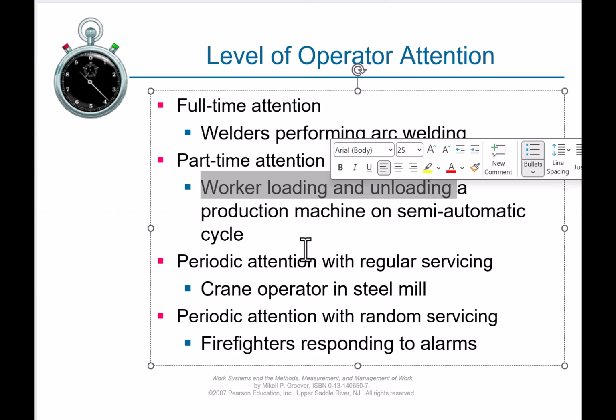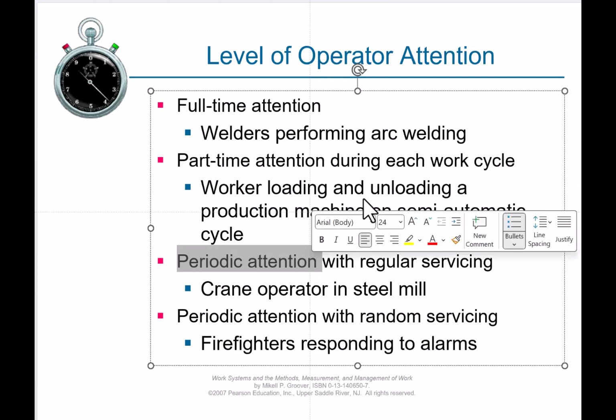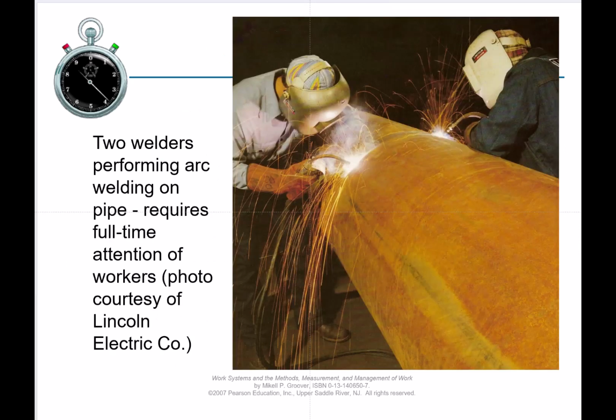And sometimes you may have periodic attention. These are the attention levels for operators, depending on the type of equipment. This is an example of two welders working on arc welding equipment.